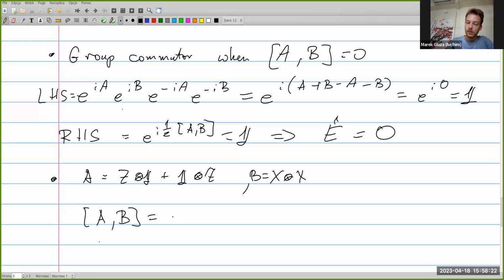Can we do it in a simple way? Not really. So it will be ZX tensor X plus X tensor ZX, and then minus X tensor XZ minus XZ tensor X.